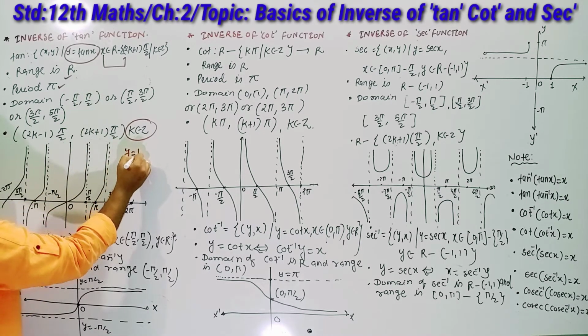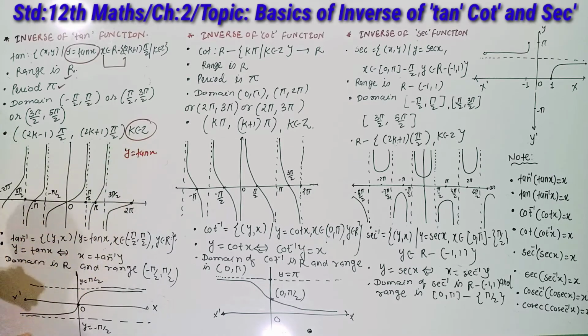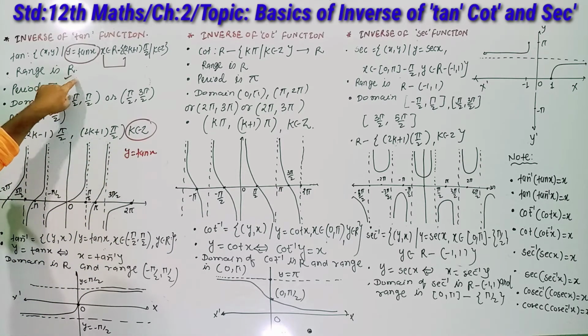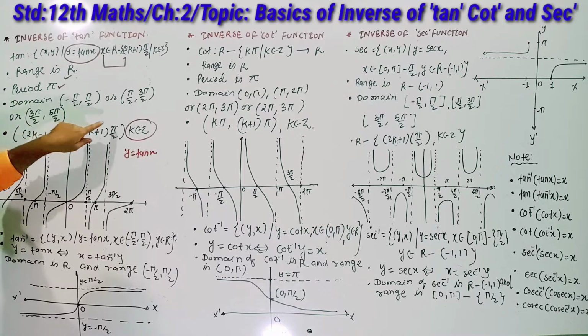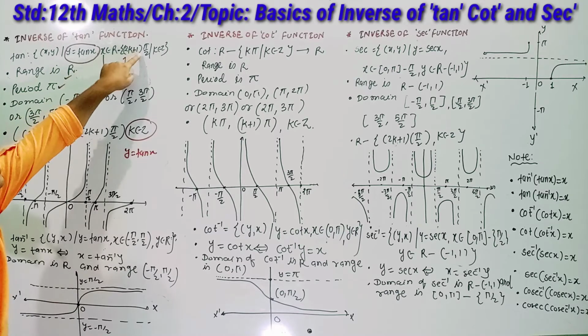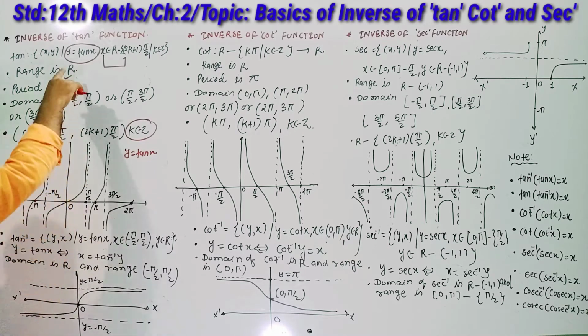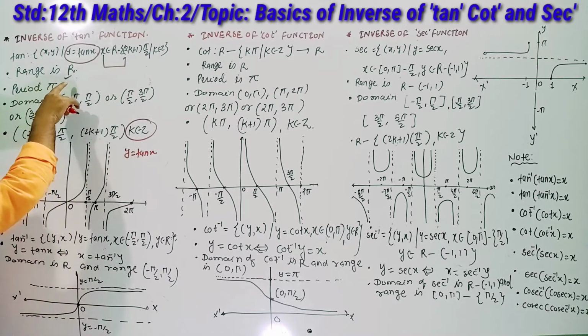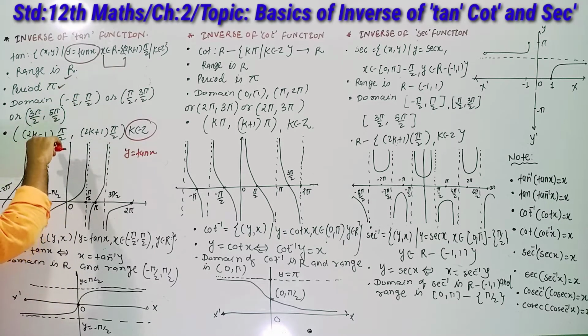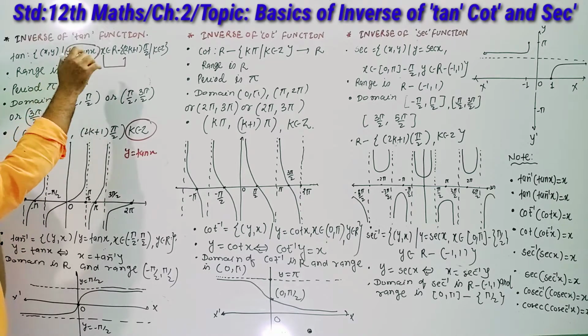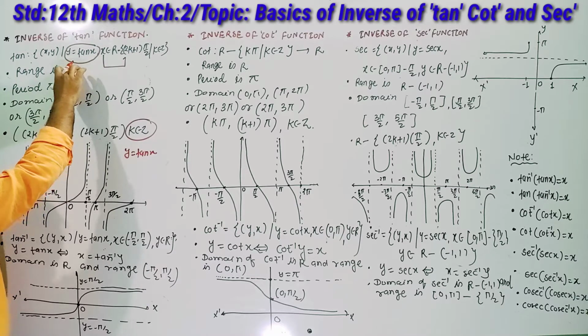So we can draw the graph of y is equal to tan x. Here you can see that x does not take the values (2k plus 1) pi by 2. So according to this we can get the values of y, and its range is the values of y.